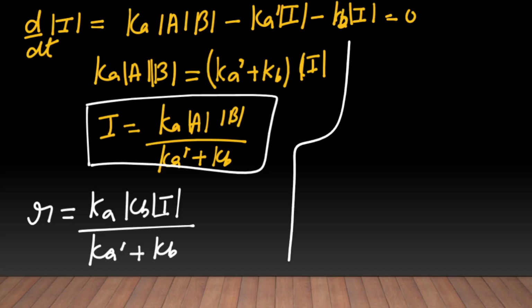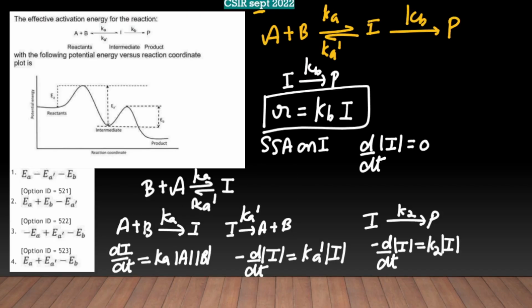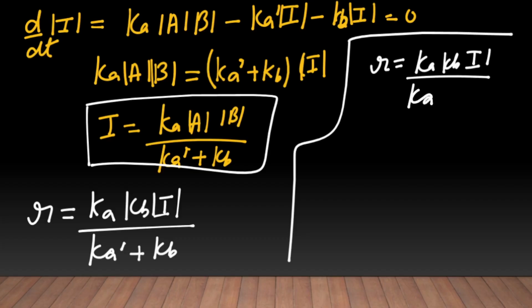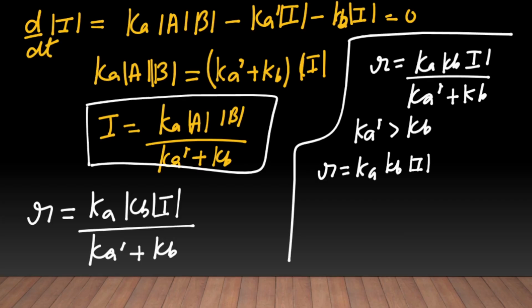So now if you see the final energy expression that we are having, here three terms are included. So here in the rate expression, if I impose a certain condition, that is Ka Kb into A and B upon Ka dash plus Kb, if I consider that my Ka dash is greater than that of the Kb, in that case rate expression will be Ka into Kb into A and B upon Ka dash.